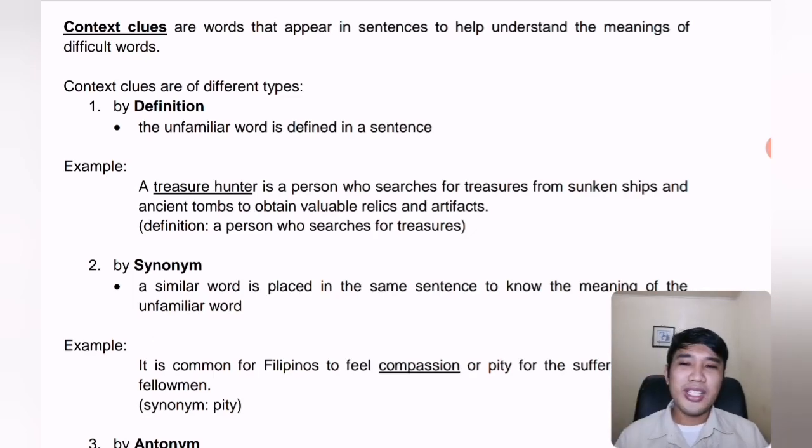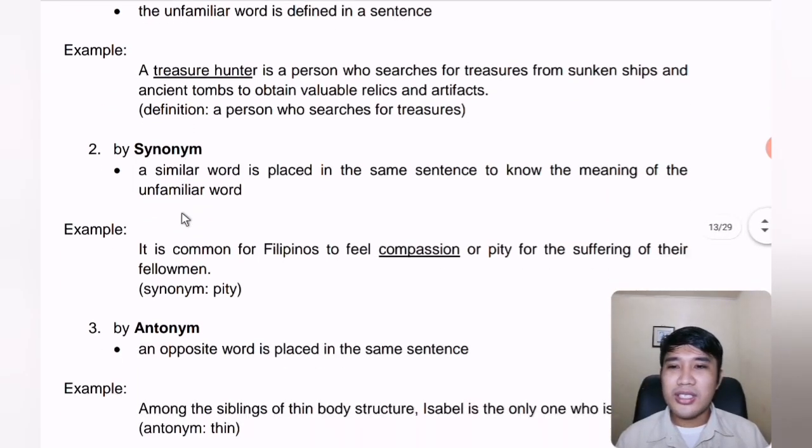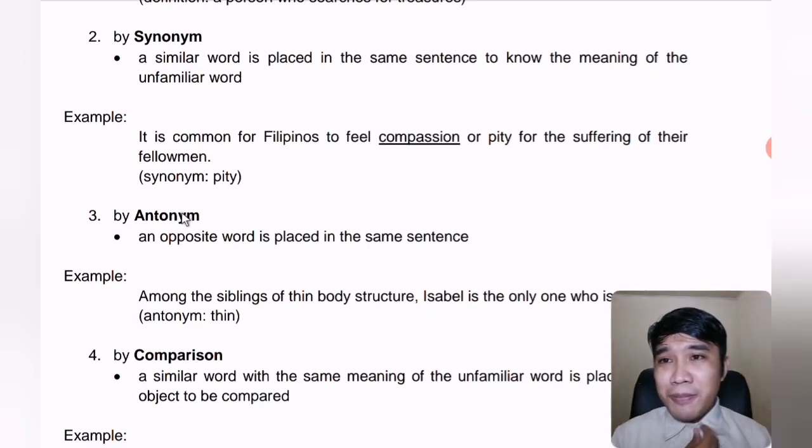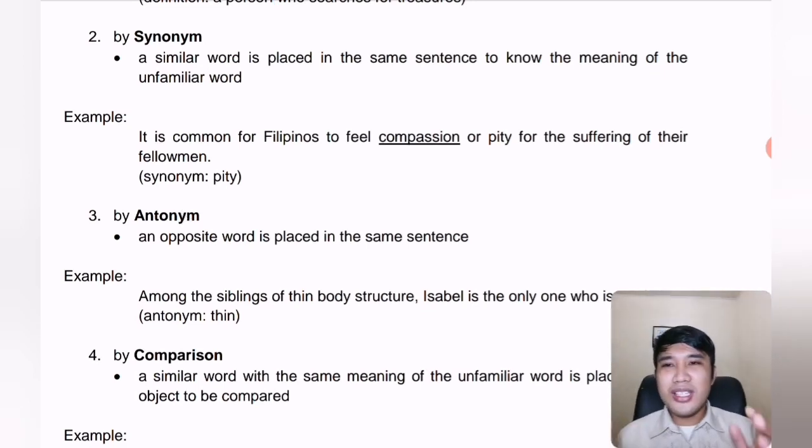Number 2 type of context clue is by synonym. Yeah. So we know that synonyms are words with the same meaning. So a similar word is placed in the same sentence to know the meaning of the unfamiliar word. So that's what happens. There's a similar word inside a sentence.